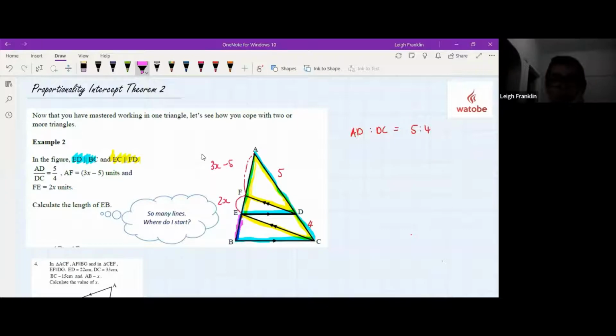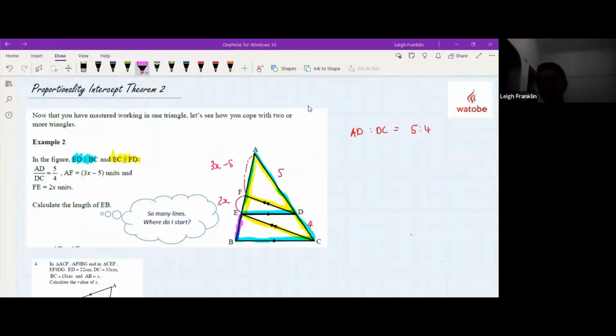Exactly. So EB is part of the blue triangle. When we want to work out EB, we've got to be working in the blue triangle because ED is parallel to BC. But what is the problem with that? We can't start there because we do not have enough information about the blue triangle.